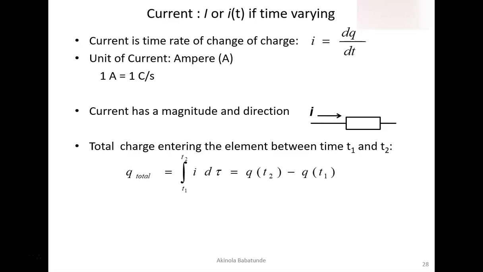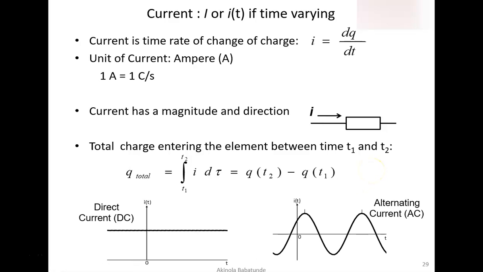If the time is not constant, the total charge, Q total, is given as the integral from T1 to T2 of I dt, which will then be equal to Q of T2 minus Q of T1. This is basic and simple integration from your previous studies. And that's how we got this.